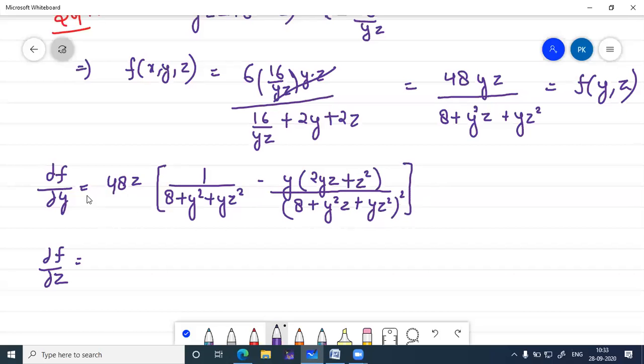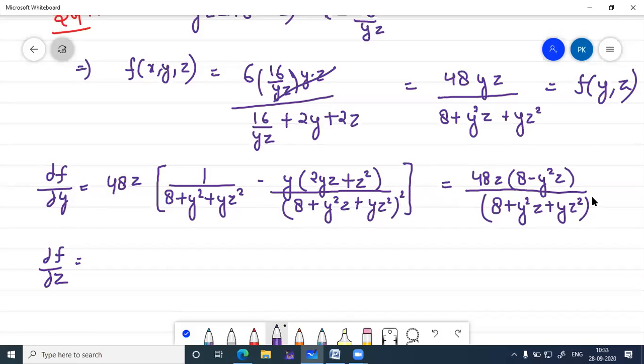This is obtained when we differentiate partially with respect to y. And after evaluating this, the compact form is 48z times 8 minus y square z divided by 8 plus y square z plus yz square whole square.